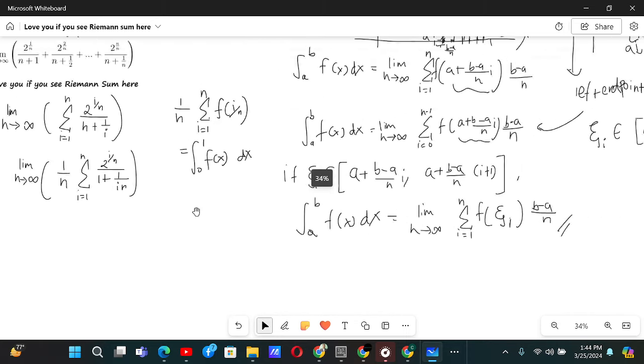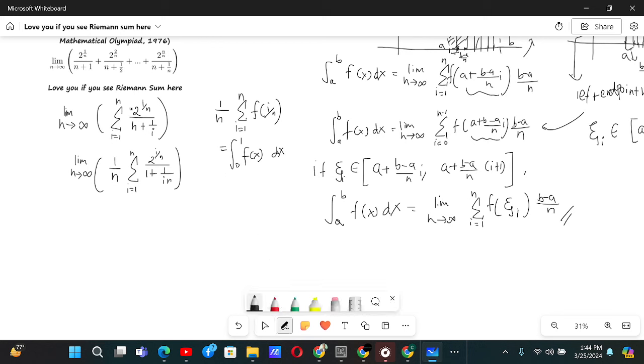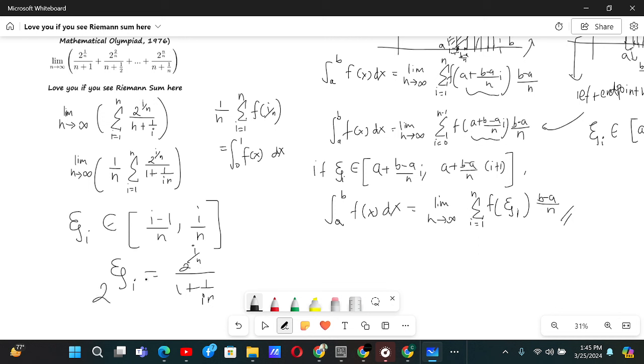So in this problem, what we will basically try to do is have a chi of i that lies between (i minus 1) by n and i by n, such that 2 to the power chi of i will be this value.